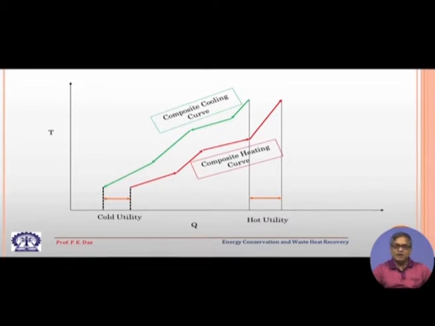The heat capacity rate will not be the same. Similarly, all the cold streams will be combined together, and what we will get is one composite cooling curve, that is the hot stream getting cooled, and one composite heating curve, that is the combined cold streams getting heated. Now, you see there is some sort of overlap between these two curves.